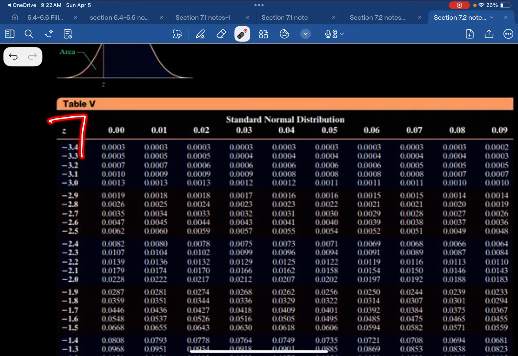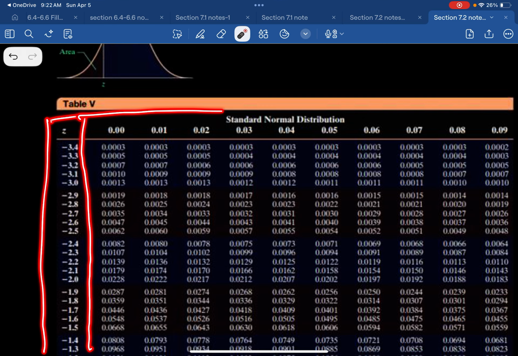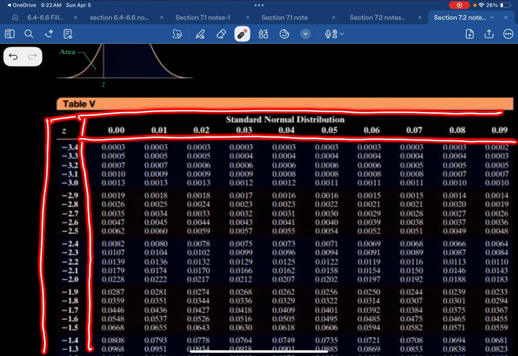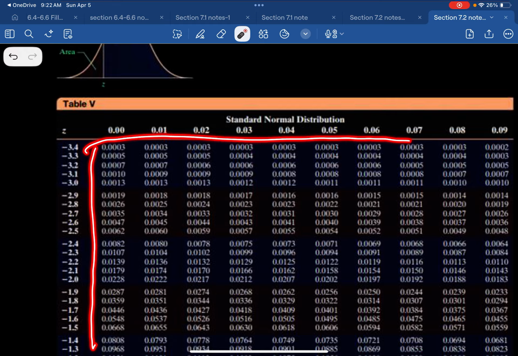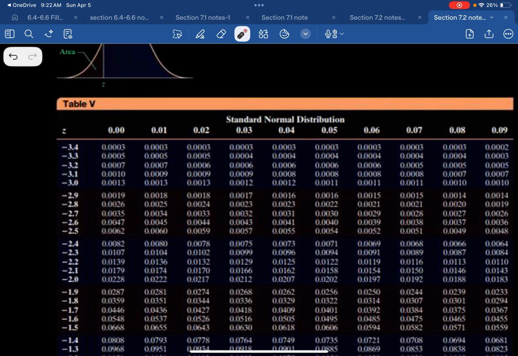Let's look at the first column only. The first column and the first row are for Z scores, okay? And the body of the table are areas. The body of the table are areas to the left of that given Z score, okay? We are going to solve an example, and then things will be clearer.